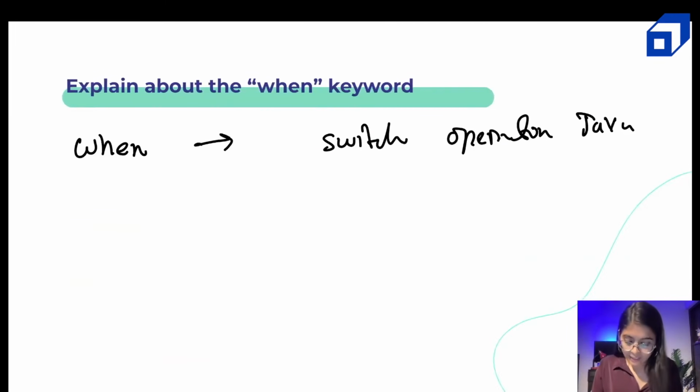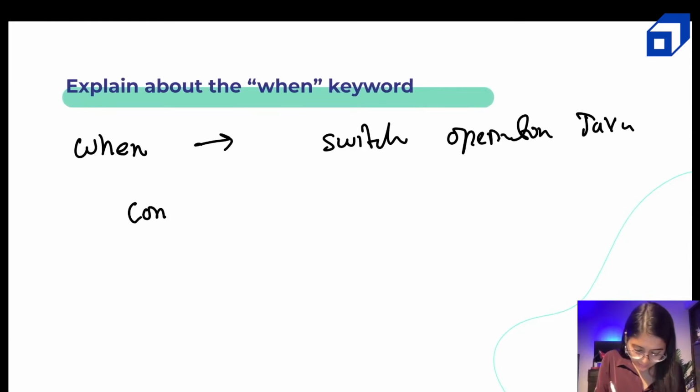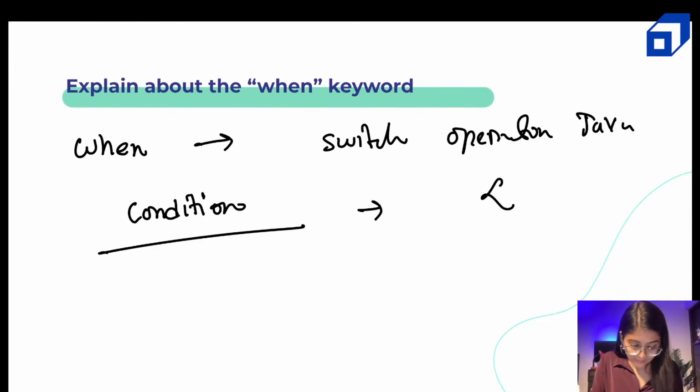So basically we'll do the same thing in Kotlin. When a certain condition is met, a specific block of code must be run, right?